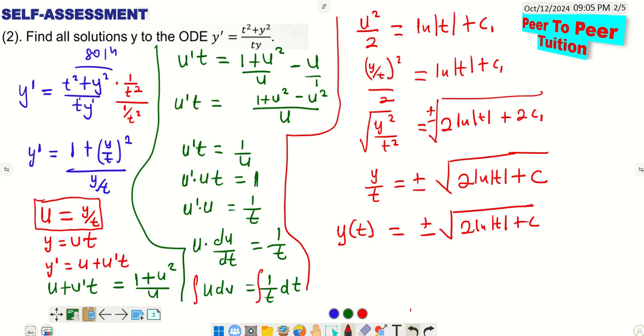Then remember I'm multiplying through by t, so the t will come here to multiply. So let me put it this way: y equals plus or minus t times the root of 2 ln t plus c, and that is the solution.